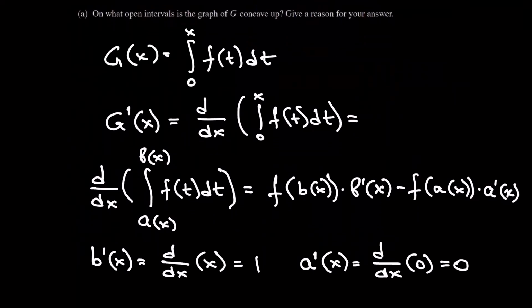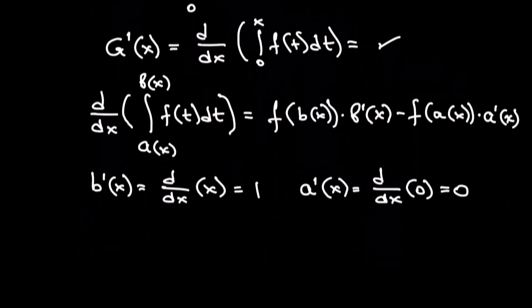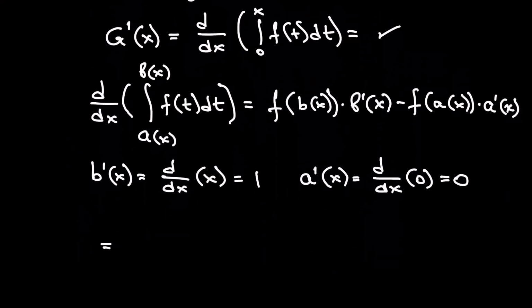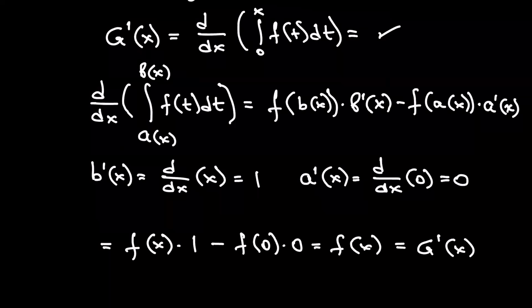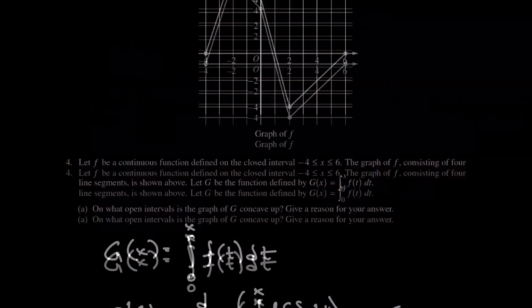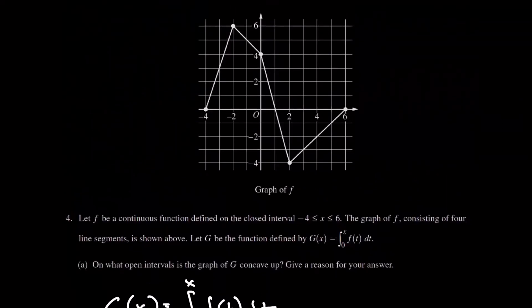So plugging it into the expression, we get f of x times 1 minus f of 0 times 0, which is equal to f of x. So we see that the relationship between f of x and the derivative g prime of x is that they're equal to each other. So going back to the graph, this is actually the graph of g prime of x, which is equal to f of x.